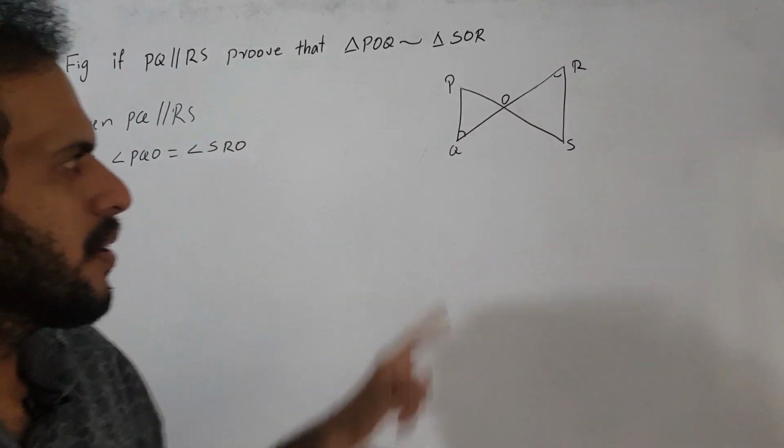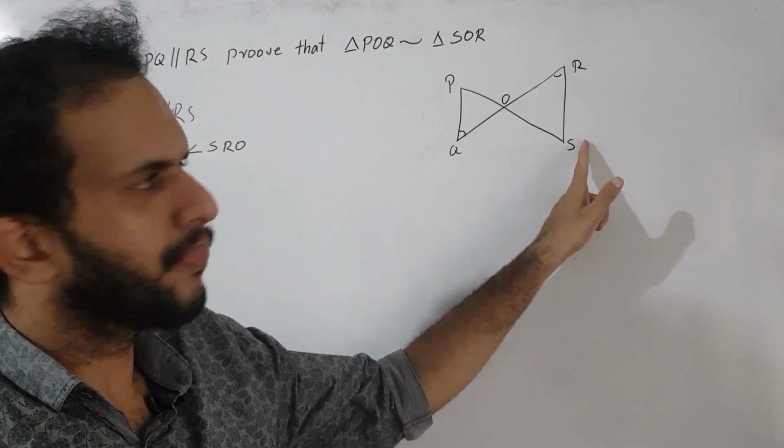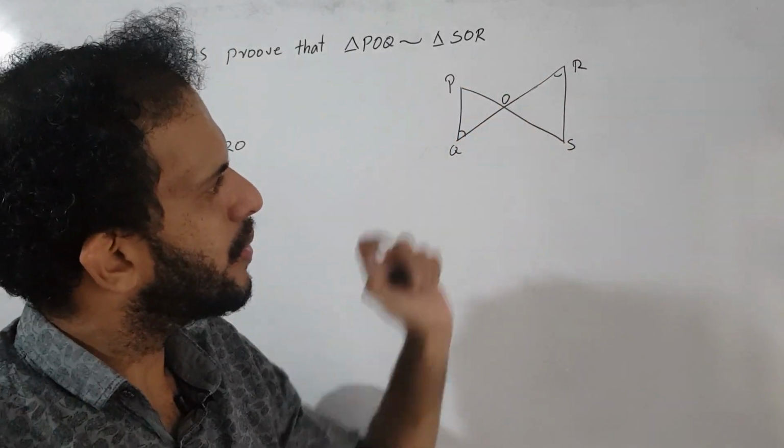The same idea: PQ is parallel to RS and PS is a transversal.